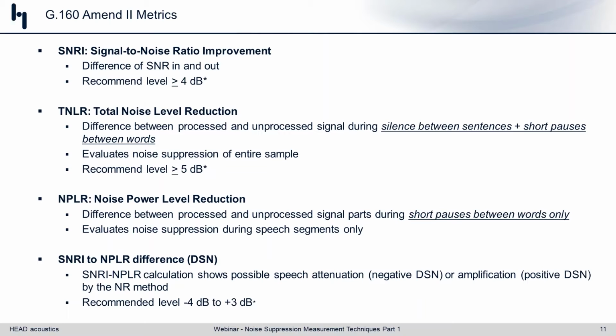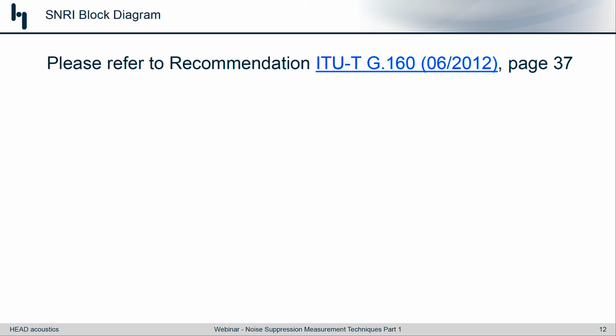So what we do here is we essentially look for a value roughly around 0. If you have negative DSN values, what that points to is that we are potentially attenuating our speech. And if you have positive DSN values, you potentially have some speech amplification going on. So you can already now see that this is fairly complicated and a big step up from the old Devalue and ANR methods.